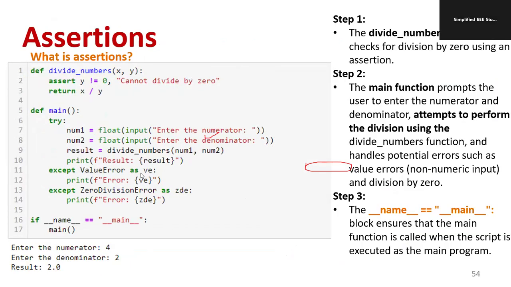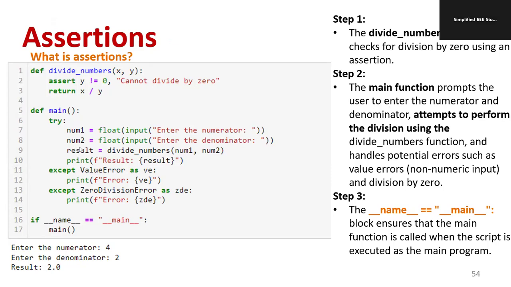The steps are given here. You can have a look. The first step is to define the user-defined function divide number, which checks the division by 0 using assertion. In the second step, the main function prompts the user to enter the numerator and denominator.